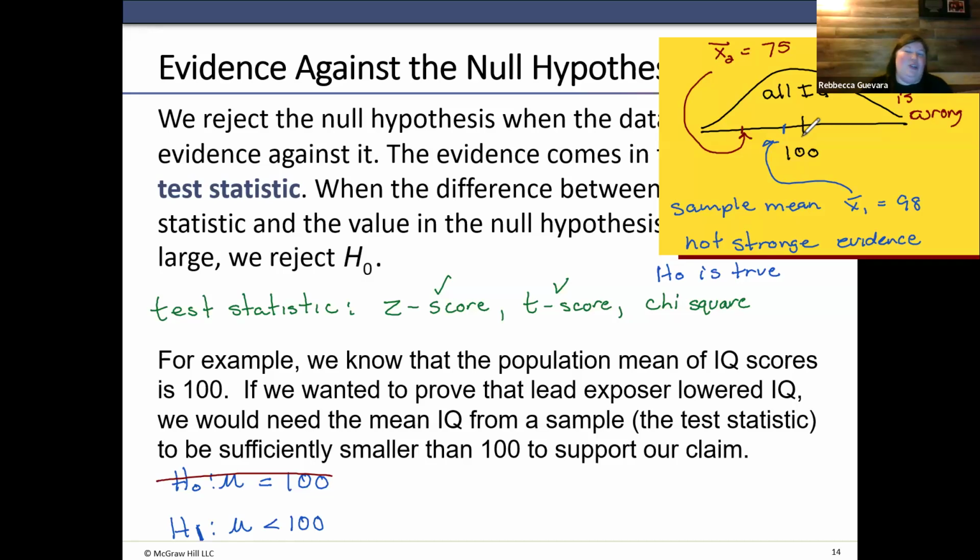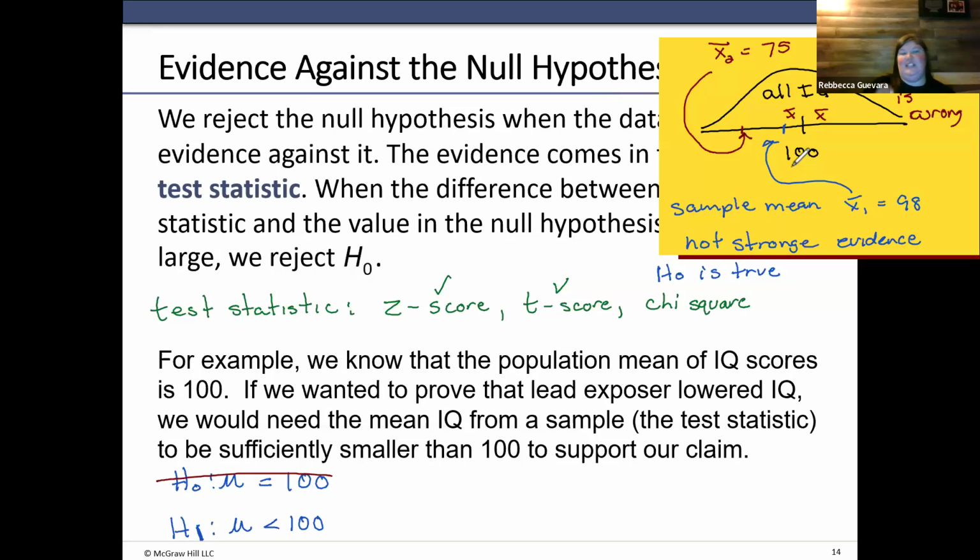Yeah, their mean's a little lower, but it's not so low that it couldn't just be random chance. However, if I collected a sample of people with lead exposure and their mean IQ was 75, that's pretty far from the 100 that we expect to collect out of most of the population. Remember that most of our means are going to be very close to 100. So getting one that's 75 seems very unlikely.